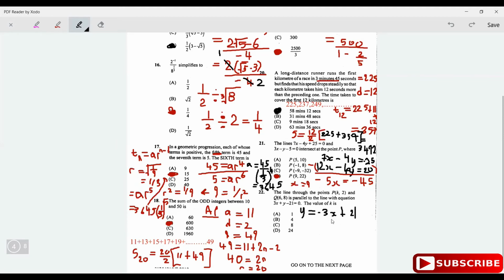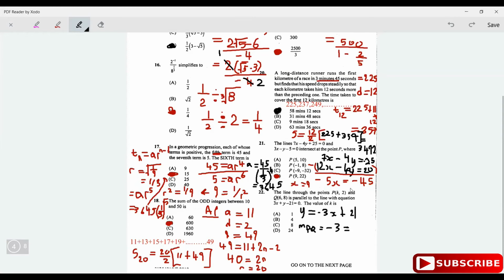So this is a line with a negative gradient. And so that means that the gradient of the line PQ is negative 3. But we can find the gradient of PQ using y2 minus y1 over x2 minus x1.